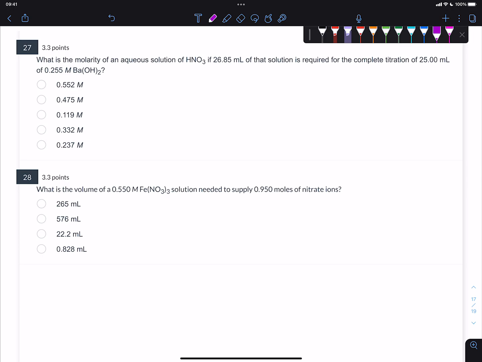For this question, you are going to have to do aqueous chemistry calculations, which is basically kind of like a dilution. So molarity of acid times the volume of acid is going to be equal to the molarity of the base times the volume of the base.